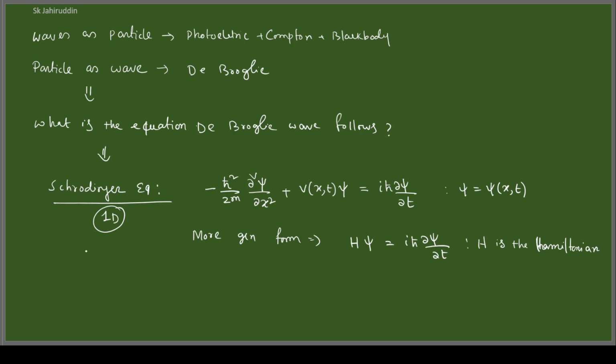First of all, this equation looks very strange. First question will be, what is your psi? I will answer. Second question is, is this derivable? No. Where do you get the equation from?